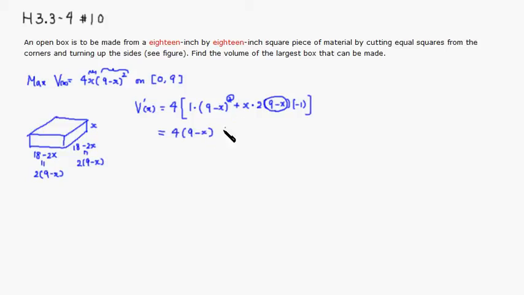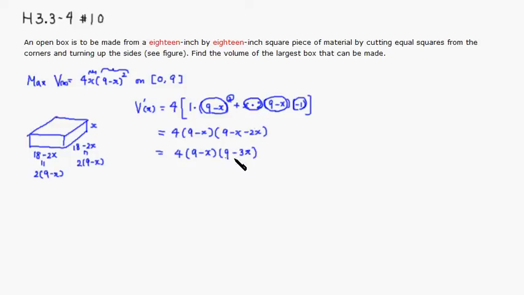And what's left is, from the first term, 9 minus x, so another 9 minus x. Then you're going to have a minus 2x, so you subtract 2x. So you can simplify: 4 and the quantity 9 minus x, times 9 minus 3x.